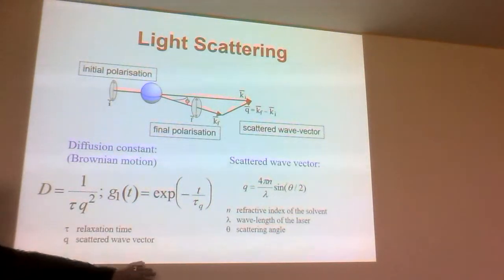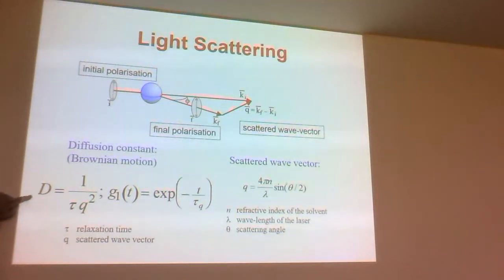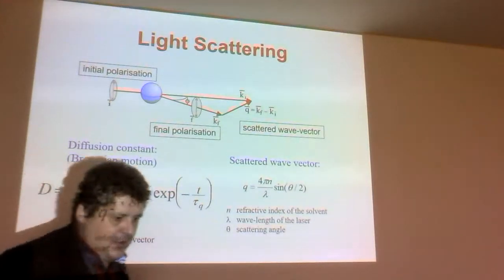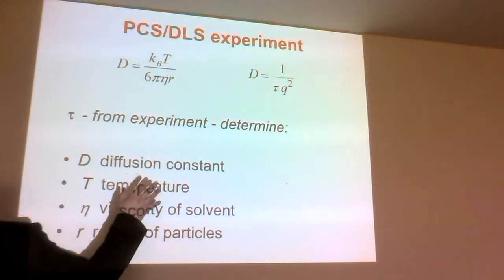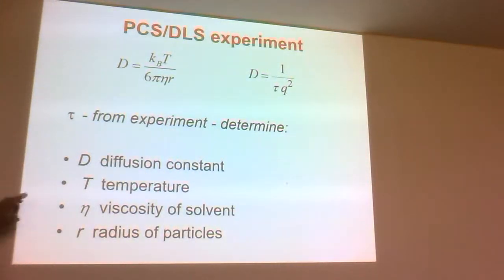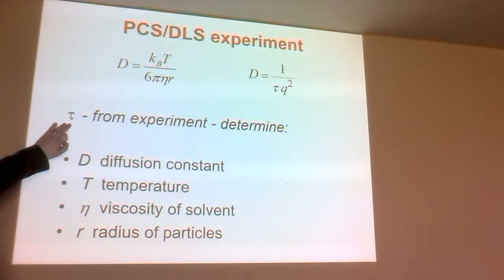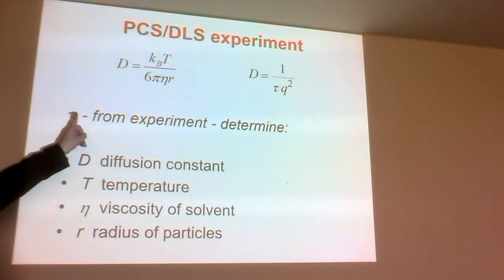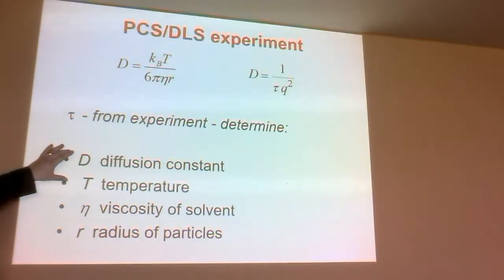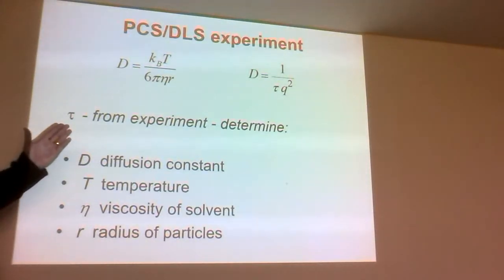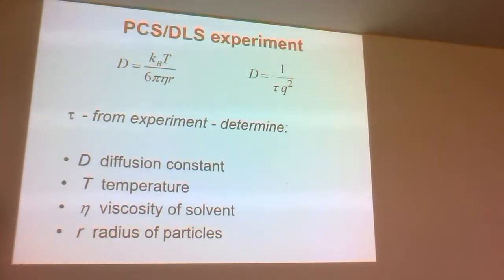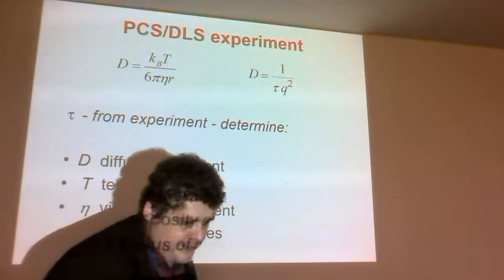So we're able to define Brownian motion totally independently from the previous definition, and they mean absolutely the same thing. This time is determined from the experiment and relates to the coherent properties of light, and thus from the measurement we're able to characterize Brownian motion in terms of temperature, radius, or viscosity. Okay.